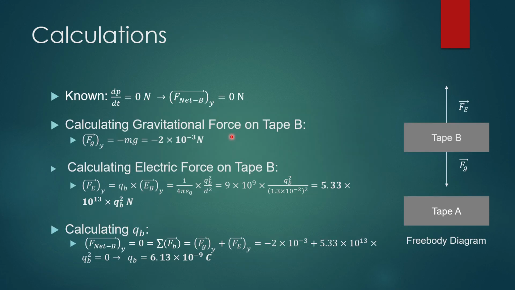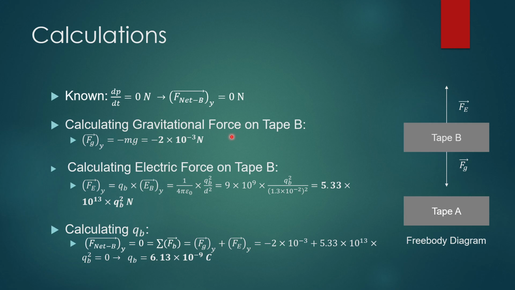Now for calculations. So the only forces acting on tape B are the force of gravitation and the electric force, as shown in the free body diagram. And since the tape is not moving, the net force is 0 newtons. And now we can calculate the gravitational force on tape B using principles from mechanics, and also then calculate the electric force on tape B using the formulas for electric field and electric force, as shown here.